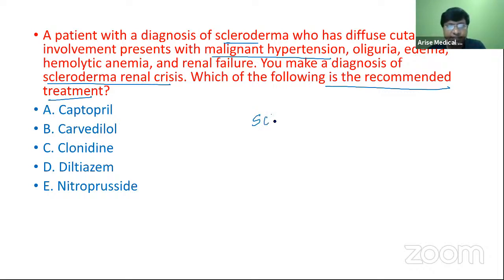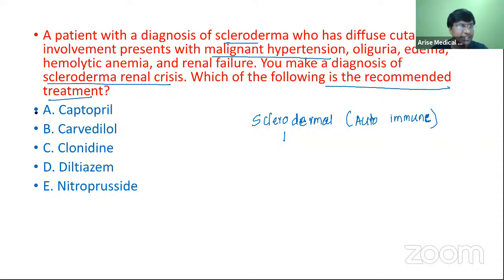If you see scleroderma, definitely it's an autoimmune disease. Very good, Gulu Dugar.